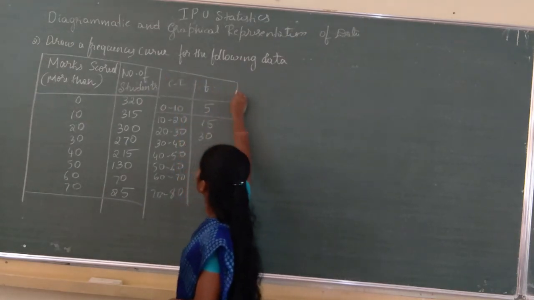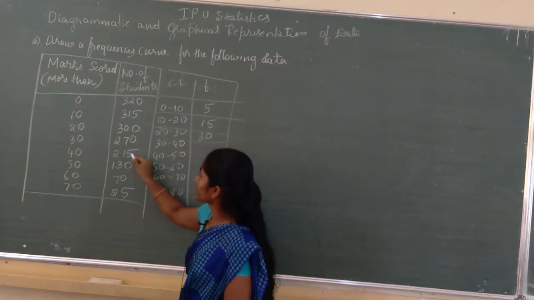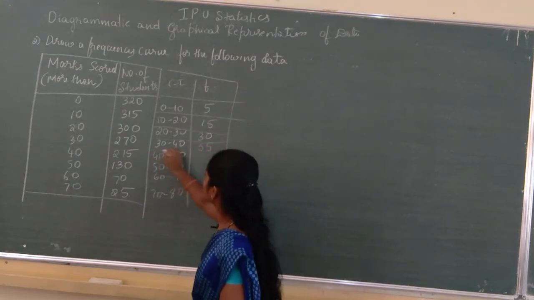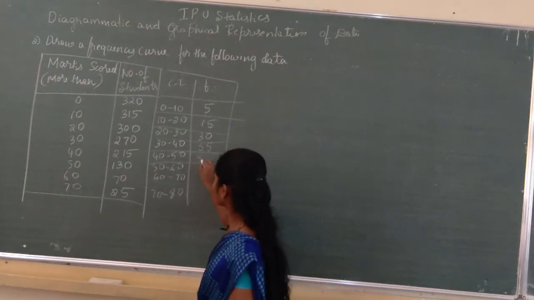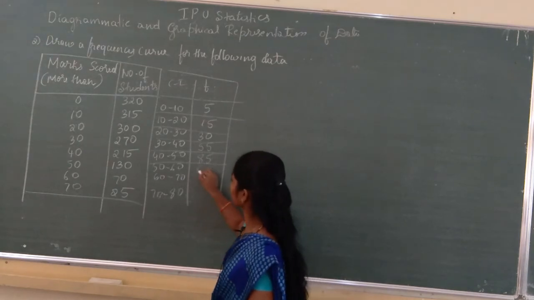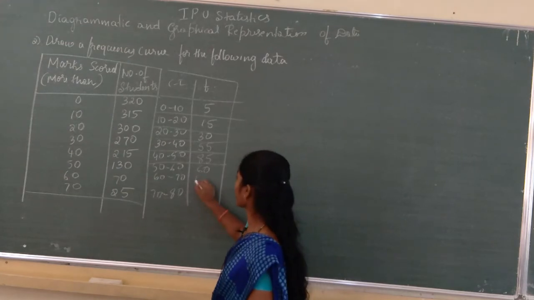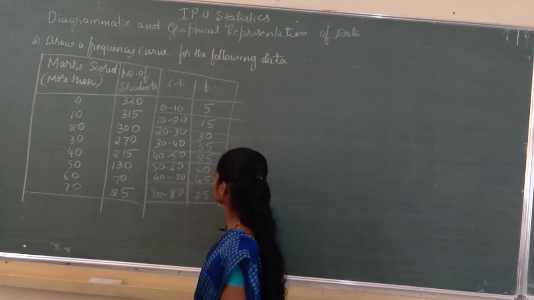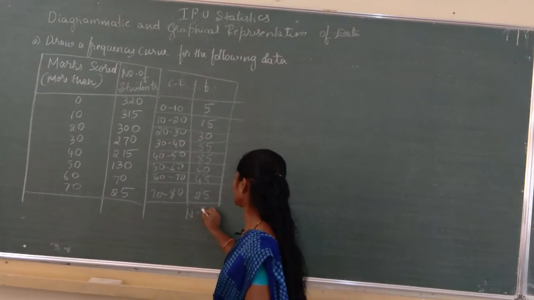Okay, 30 bandide illi. Next 270 minus 215, see that is 55. Here again 215 minus 130, that is 85. 130 minus 70, that is 60. 70 minus 25, that is 45. So, last one 25 as it is. Check this total, you should get n is equal to 320.